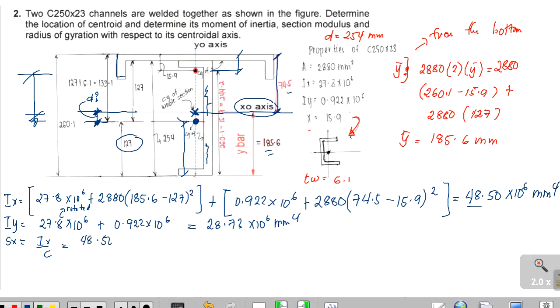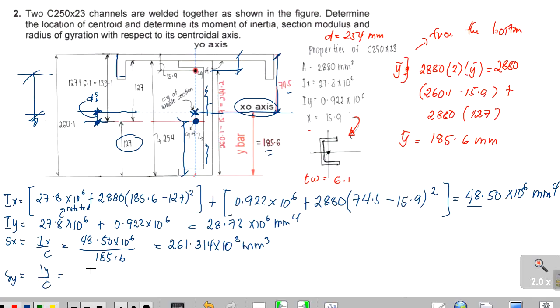So 48.50 times 10 raised to 6 over 185.6. Our Sx now is equal to 261.314 times 10 raised to 3 mm cubed.